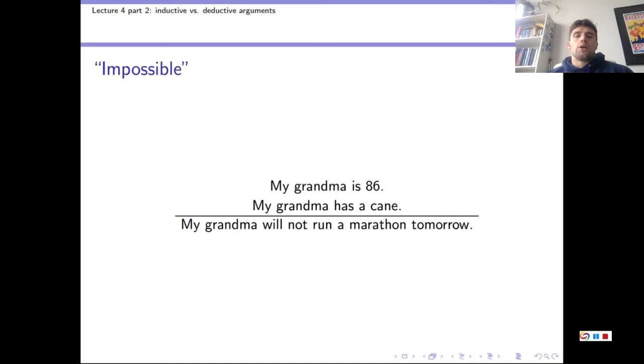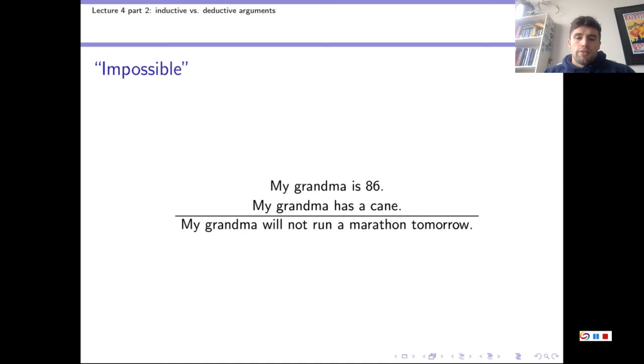And it's this version of impossibility, logical impossibility, that we mean in the definition. On the other hand, the conclusion of an inductively strong argument ventures beyond the factual claims made by the premises. So, we might be able to describe situations in which the premises would be true and the conclusion false. That's why the conclusion of the grandma argument is still logically possible.